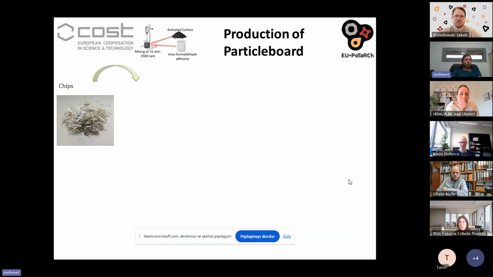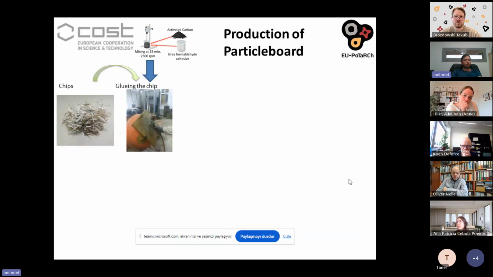modified with 1%, 2.5%, and 4% activated carbon based on the dry weight of the adhesive. The mixture was mixed using a mechanical stirrer, and the adhesive was applied to the chips using an adhesive gun within a rotary drum mixer.